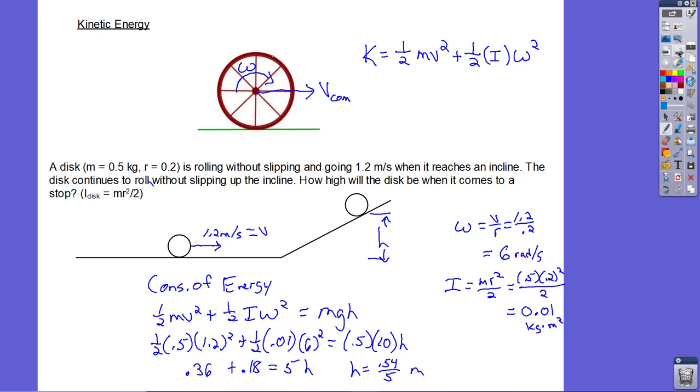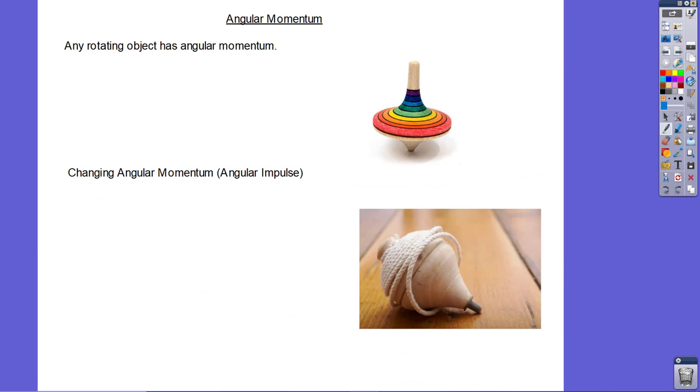Now, I think the last bit is the angular momentum. And so angular momentum, I have to say a lot of the questions that I've seen deal more with angular momentum in a qualitative sort of way. Not so much calculation, but the idea of it.